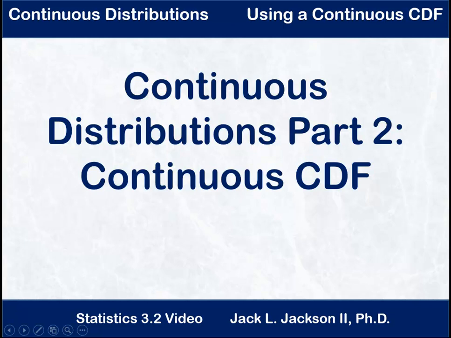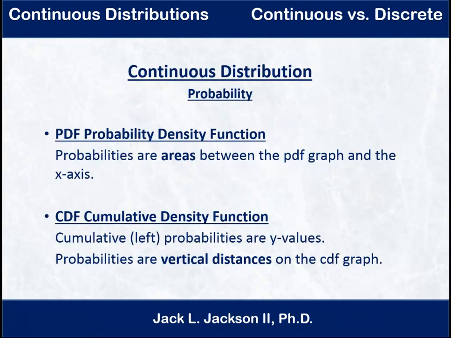We saw that the PDF, the probability density function, was a curve that was above the x-axis. Usually it was at least piecewise continuous. And probabilities were then seen as areas between the PDF graph and the x-axis.